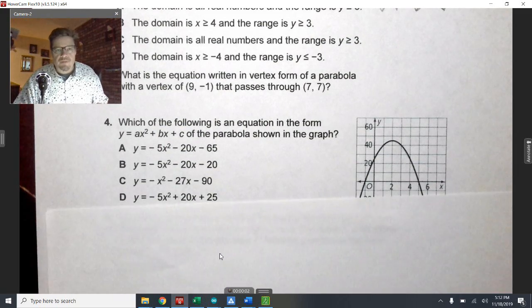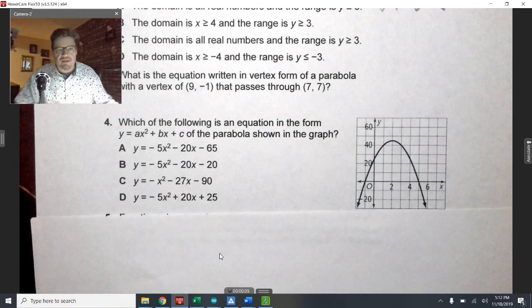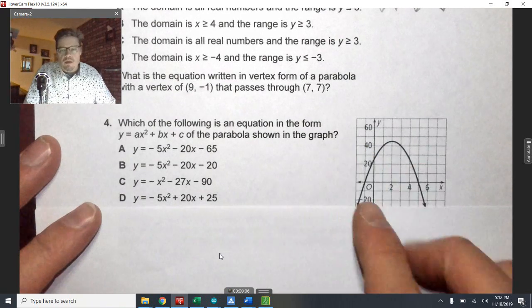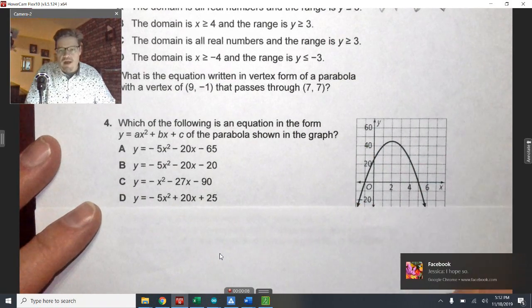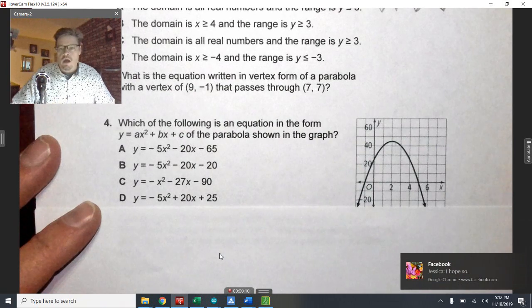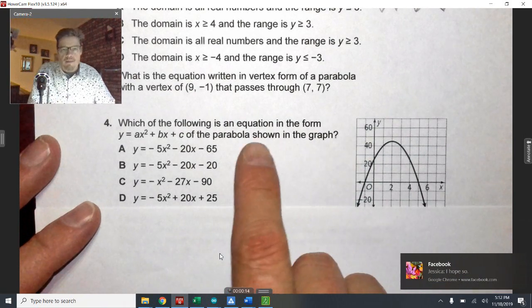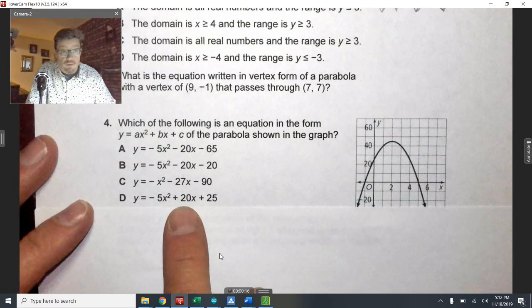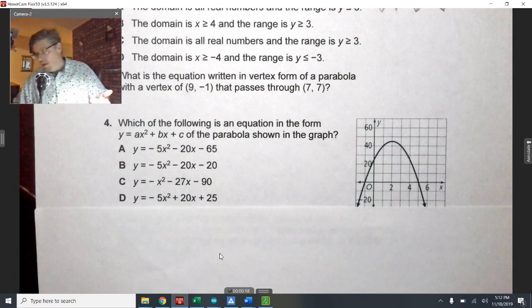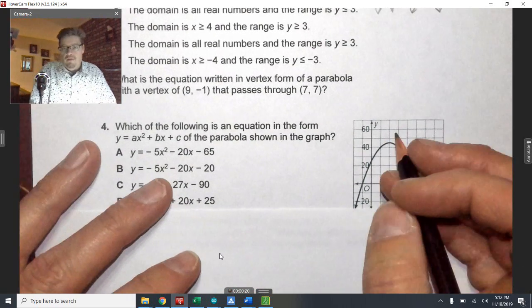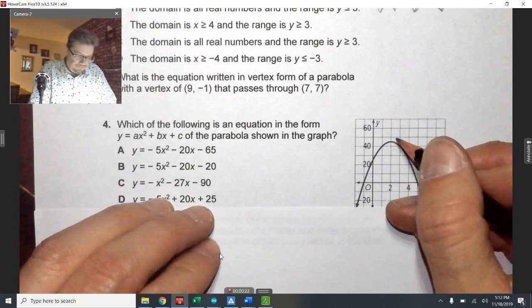Okay, number 4. This one's going to be a little bit more involved because we can see that vertex form could be easily grasped quickly, but my answers are in standard form, so that requires an extra skill. And so here's how we have to do it. First of all, let's grab this point here.